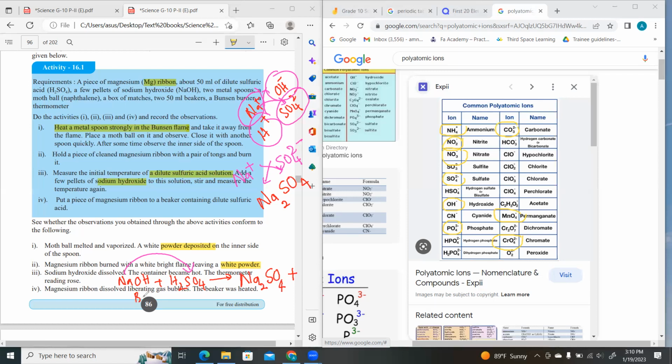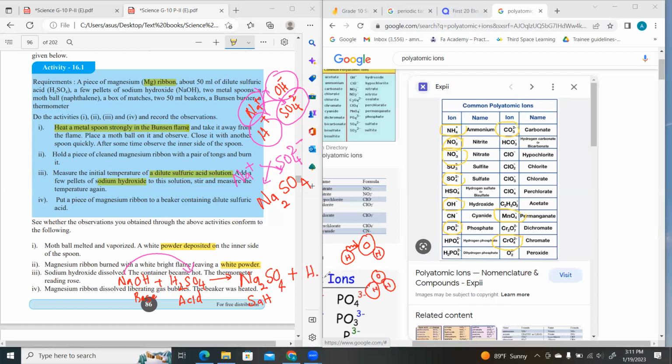A base reacts with an acid and forms a salt. If you have H plus and OH, O and H is hydroxide, and H plus will come and combine with the hydroxyl ion, and then it will form a water molecule, right?